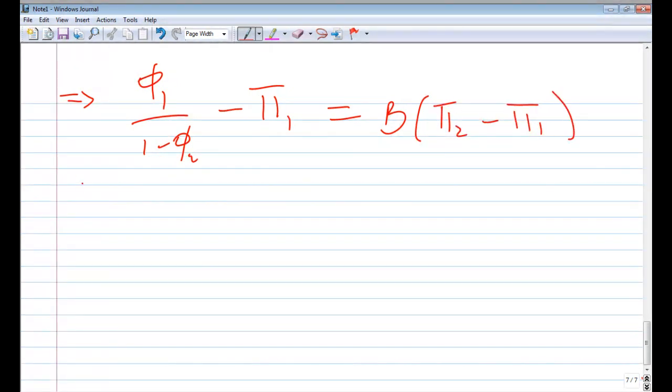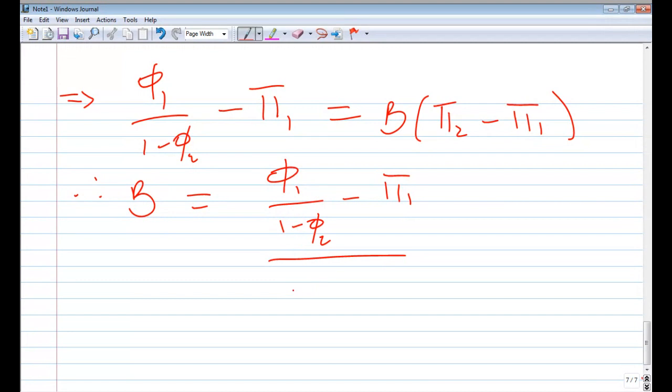And therefore, B now will be equal to pi 1 over 1 minus pi 2 minus pi 1, divided by pi 2 minus pi 1. So this is B. And then it's very complicated again.